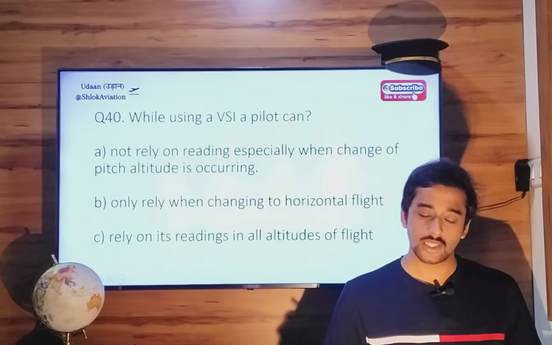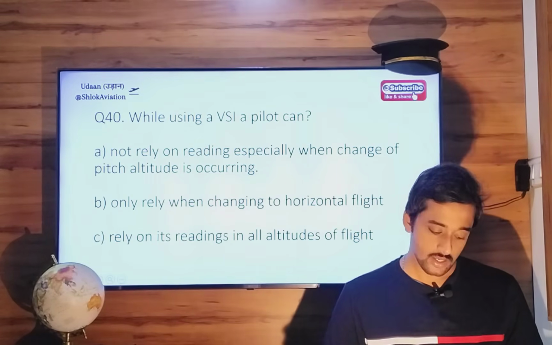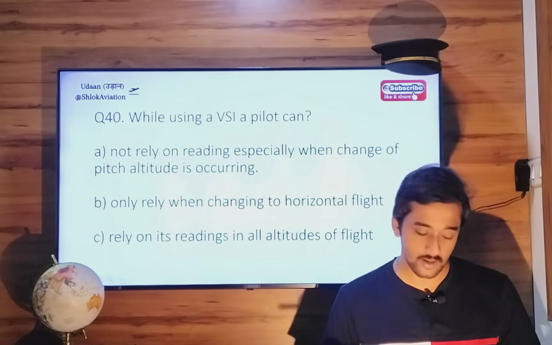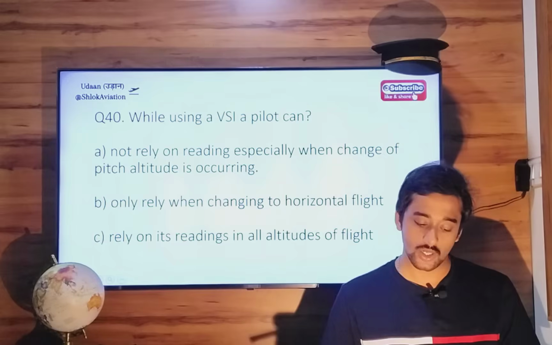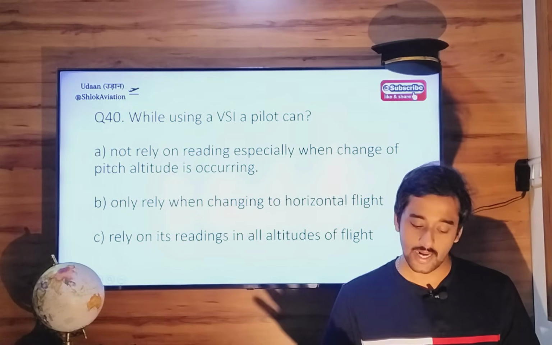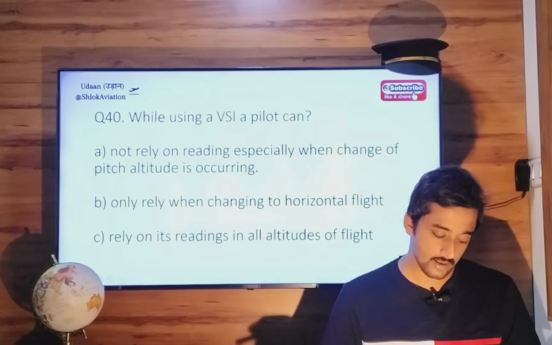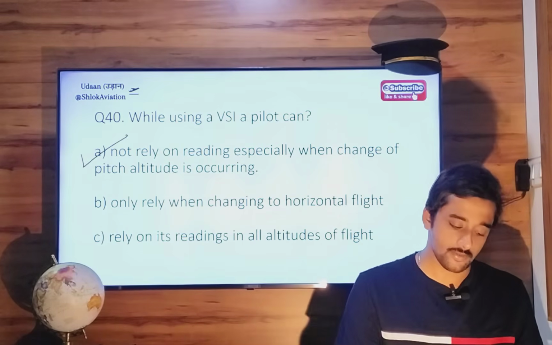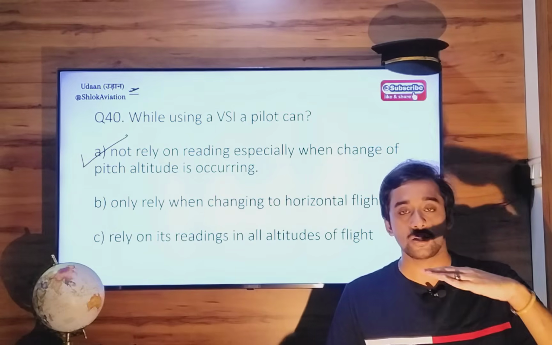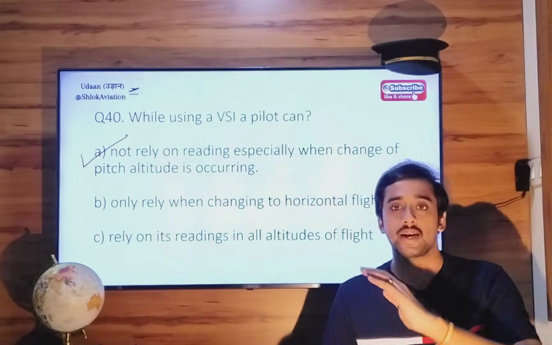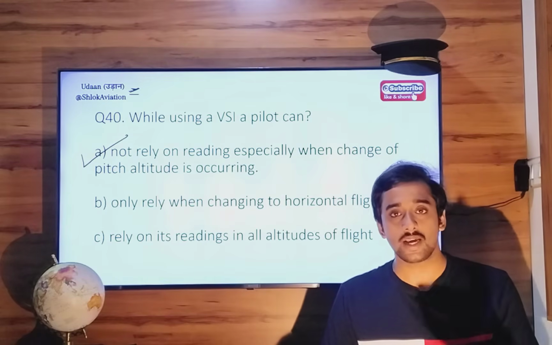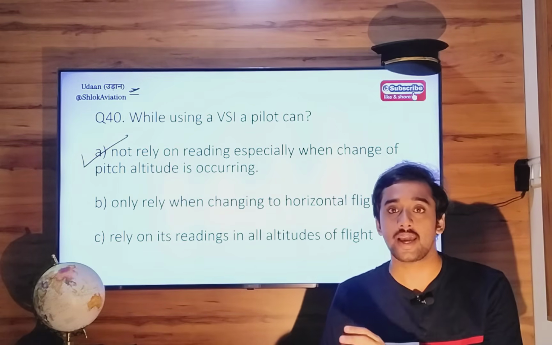While using a vertical speed indicator, a pilot cannot rely on its reading, especially when change of pitch attitude is occurring. Only rely when changing to horizontal flight; rely on its readings in all attitudes of flight. So option A is the correct answer. While using a VSI, you cannot rely on its reading when you are initiating a change in your pitch attitude, climb, descent, straight and level, whatever. Because a vertical speed indicator suffers from lag error.